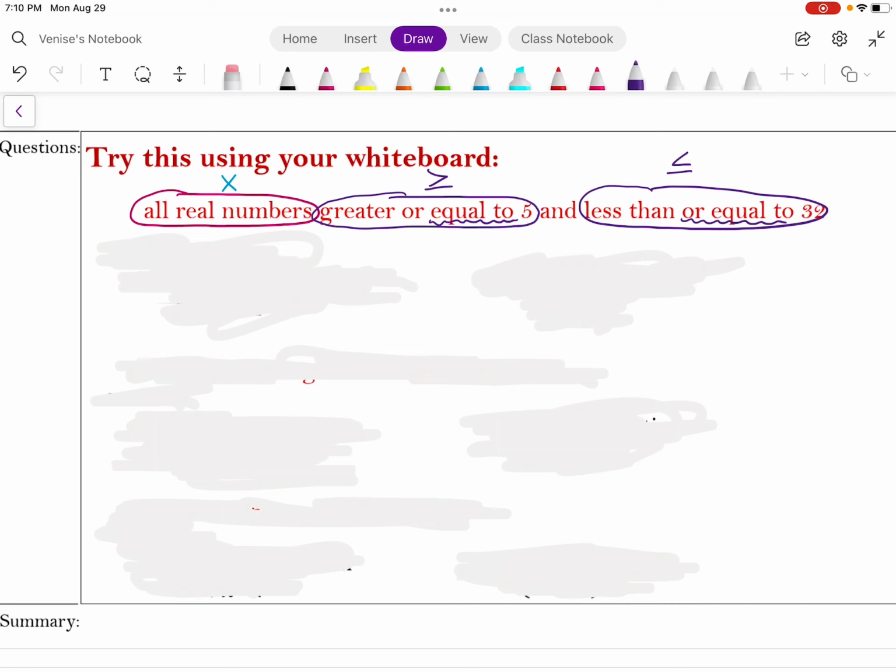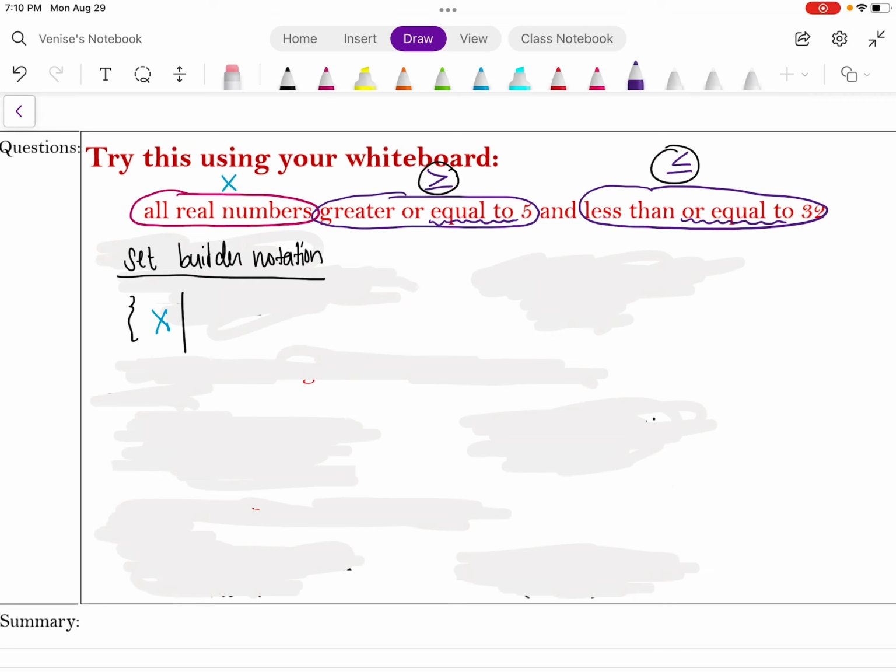Now let's see what we can come up with in the set builder notation. In set builder notation, we have curly braces, and we start with our variable x, which means all real numbers. And we have a line. Then we have these signs.